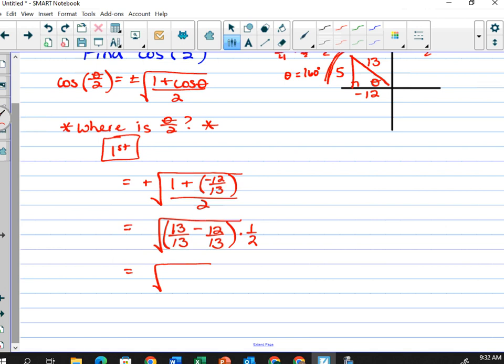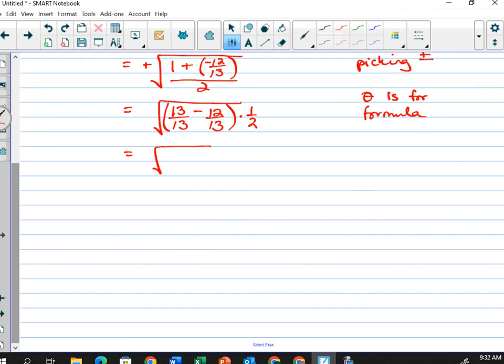You have to focus on the theta over 2 when you're picking the sign. Theta over 2 is for picking the sign, and theta is for the formula. Pretty much, yeah. I have one more to practice, but does that make sense, Jane? Yeah.